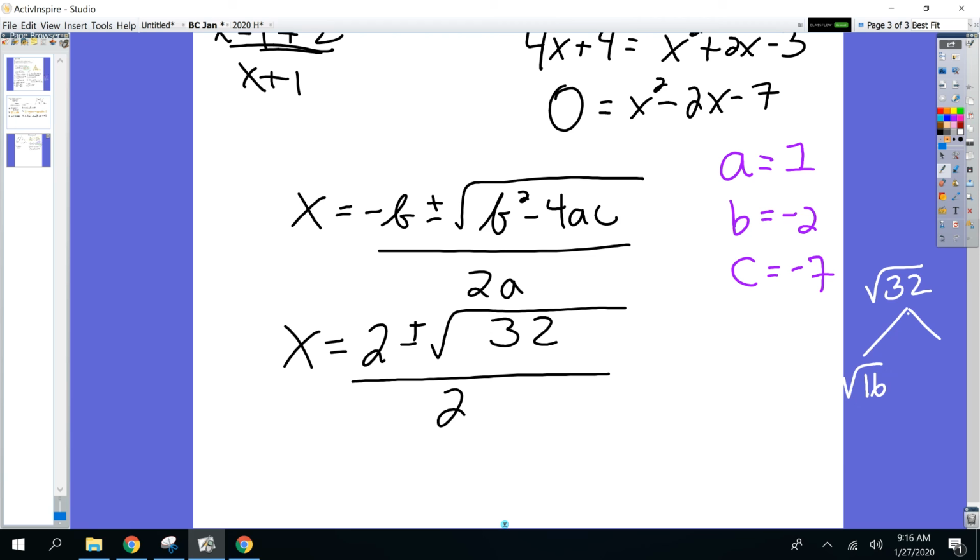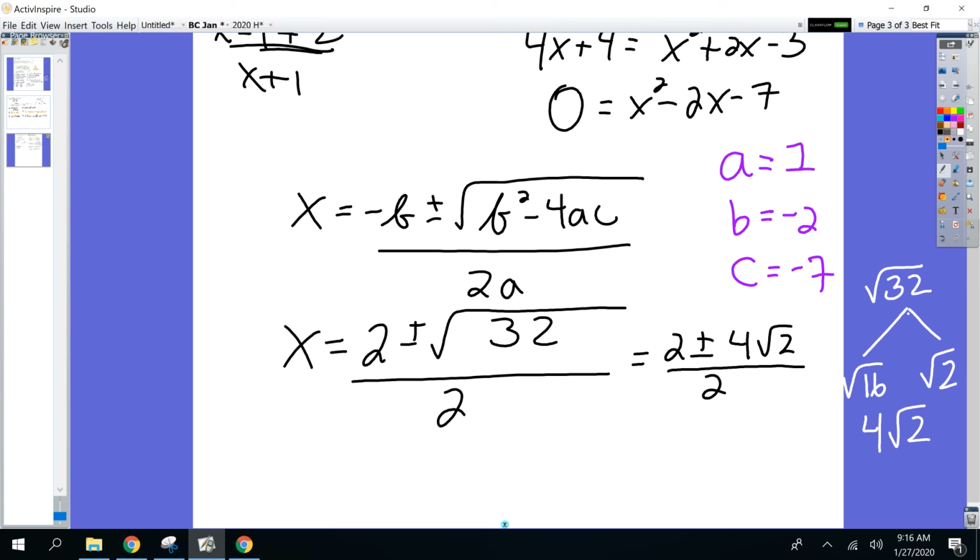So radical 16 and radical 2. Square root of 16 is 4. Bring the radical along for the ride. So that is what I'm going to replace the radical 32 with: 2 plus or minus 4 radical 2 over 2.